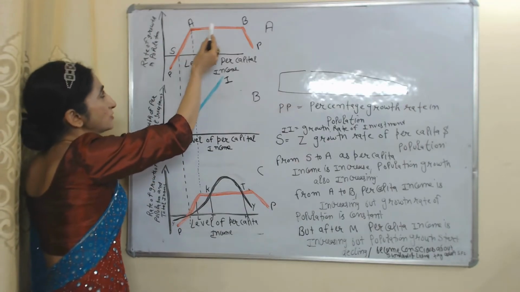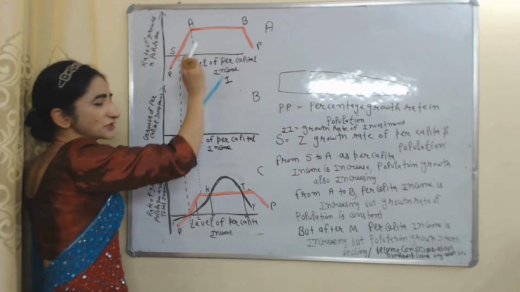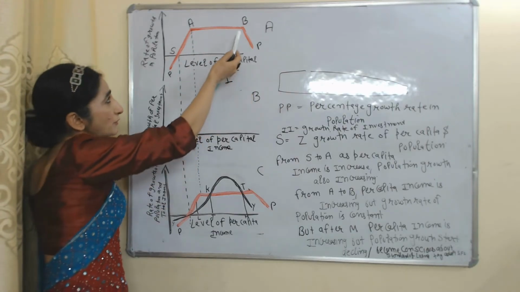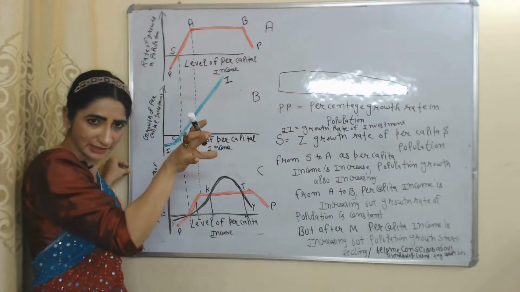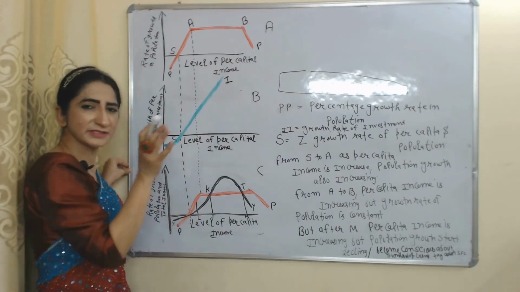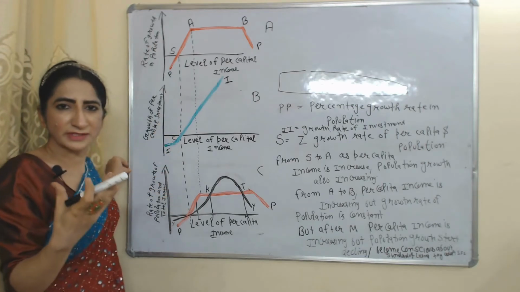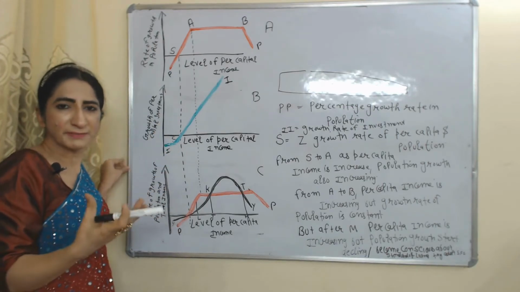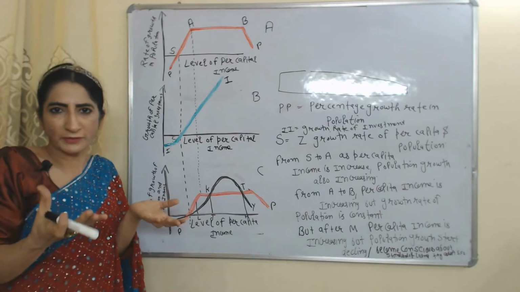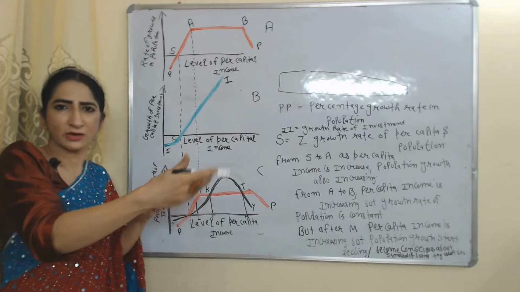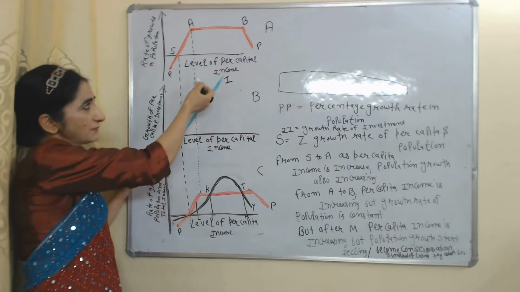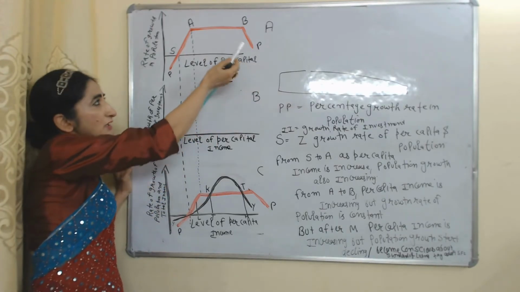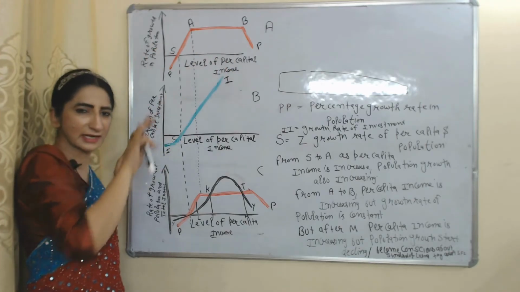From A to B, the growth rate of population becomes constant, and from B to P, the growth rate of population starts declining, but per capita income is still increasing. Because after a certain time period, people become conscious about their standard of living. That's why now they are adopting a small family size. So we can say that as per capita income increases, the growth rate of population starts declining.